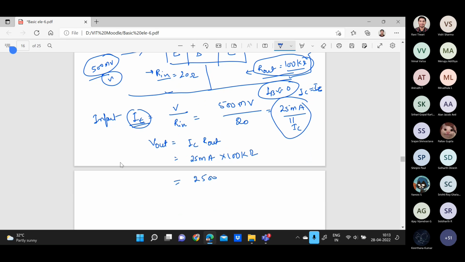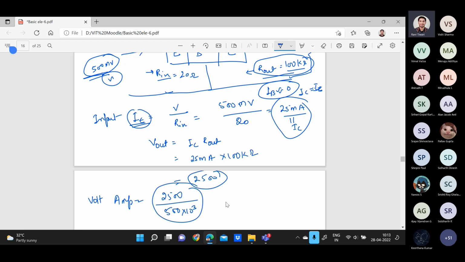How will you find the voltage amplification? Voltage amplification will be the ratio of output by input, right? You are getting the output as 2500 and you have given the input voltage as 500 millivolts, so if you divide it, you will get the amplification.